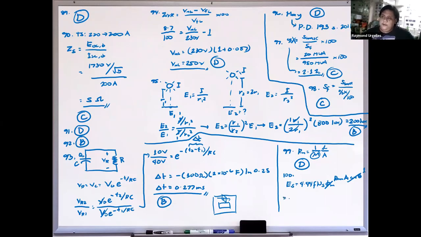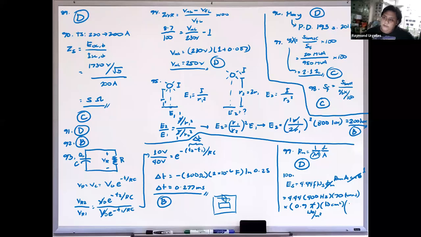From the given, the frequency is 400 Hertz, the number of secondary turns is 70, and the flux density is 0.9 Tesla. Tesla is Weber per square meter. The area is given as 13 square centimeters.